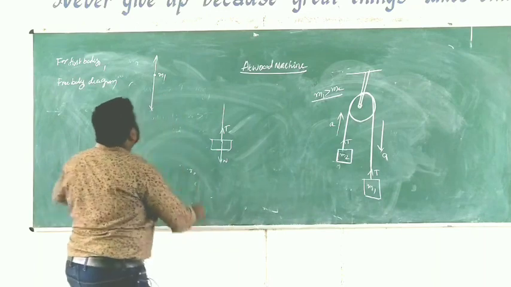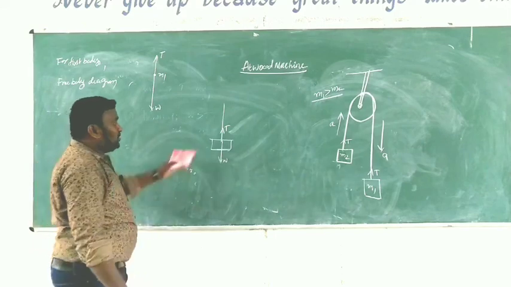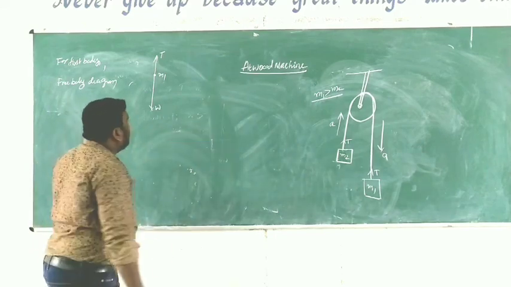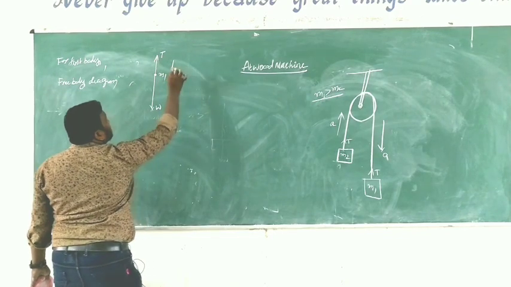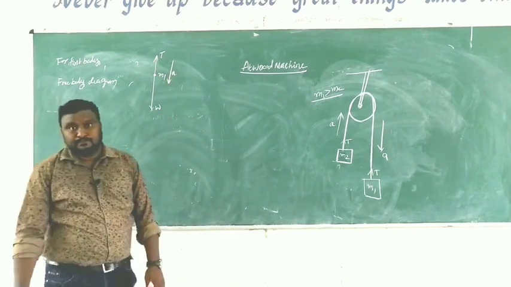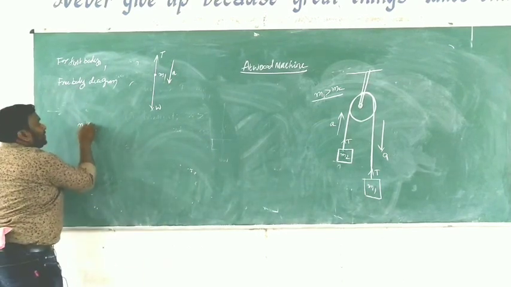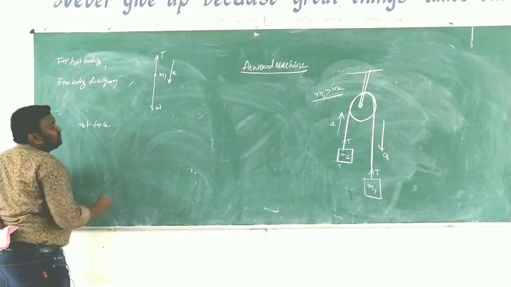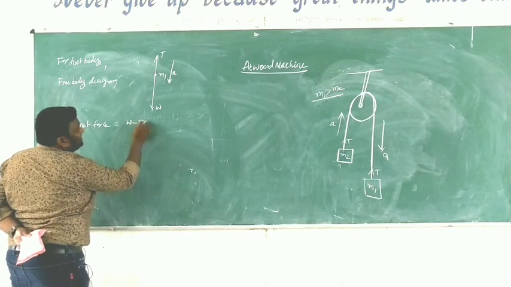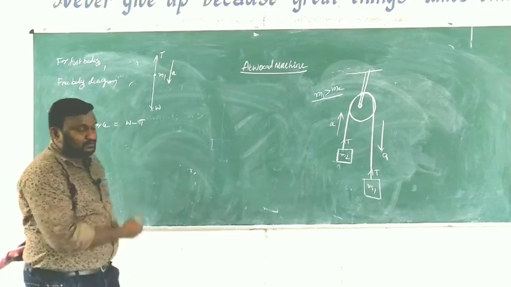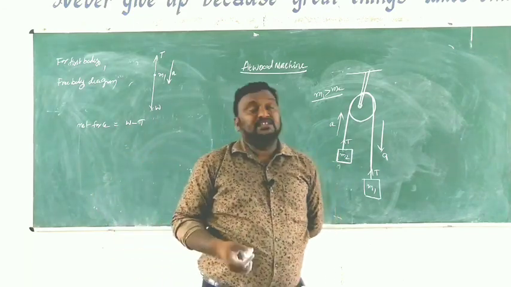Clear? That's why there are two forces acting here: tension is upward and weight is downward. And the body is moving in the downward direction with acceleration A. Then the net force can be written as W minus T. I already told you in the previous example, when the object is going down, the weight is more than the tension.